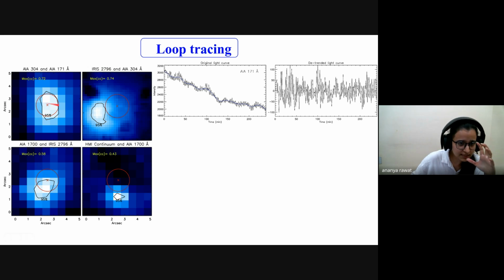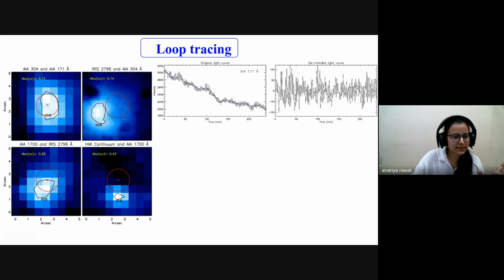Now, when we see these contours, we can see that this loop contour is shrinking as we move down into the solar atmosphere. At the photosphere, due to the spatial resolution limitation, we are stuck at only 1 pixel.